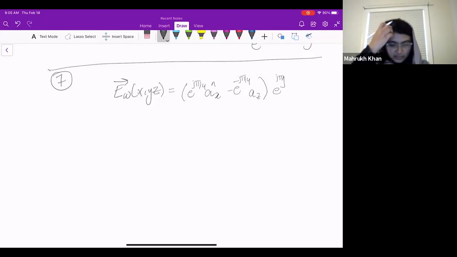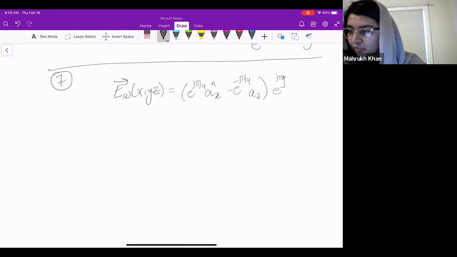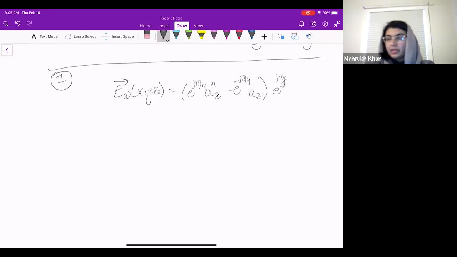So in this question, if you see closely, they did not write the omega t part in it, okay? They wrote the space part in it, and they wrote as well the phasor part in it, but did not write omega, which is fine. Actually, they are dealing with the phasor. So you just do not need to worry about that, okay?